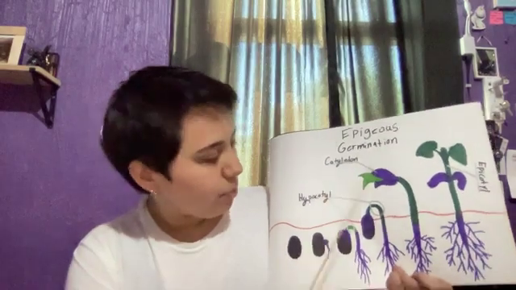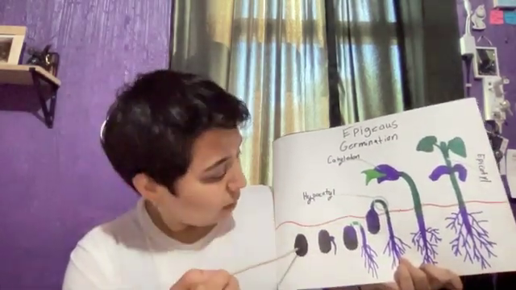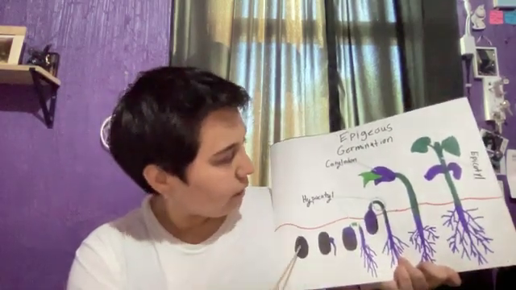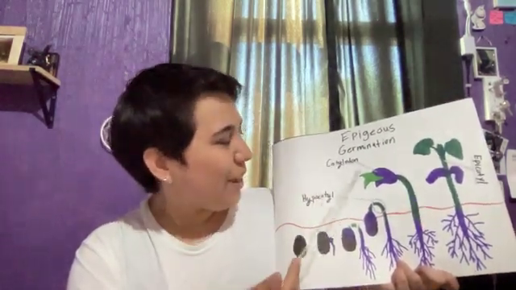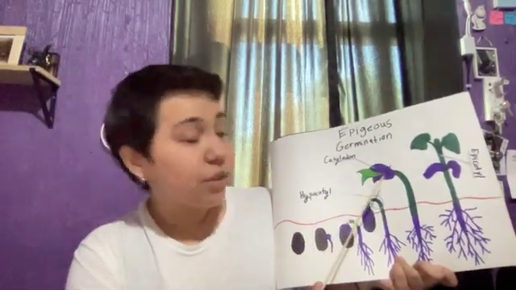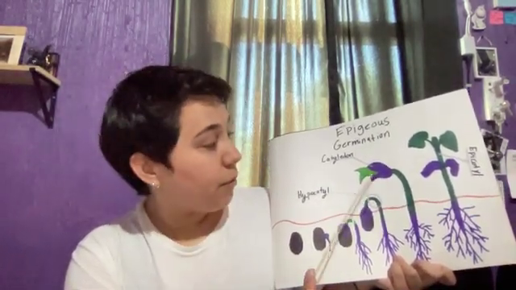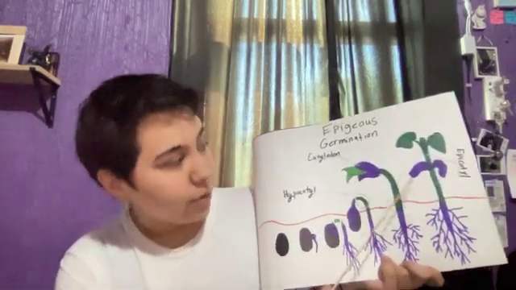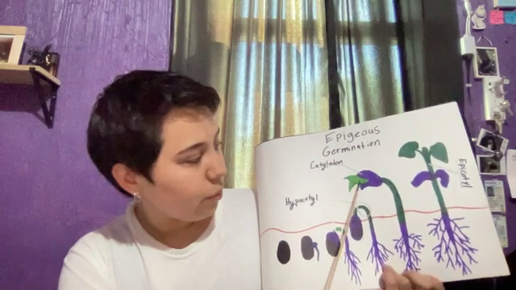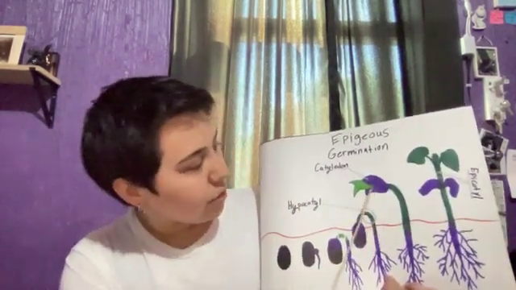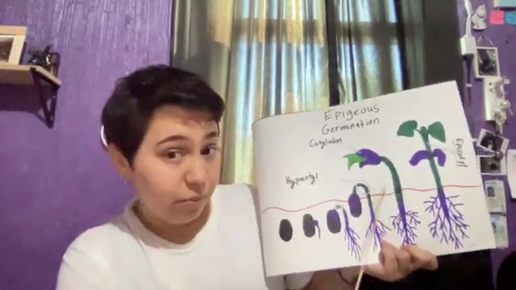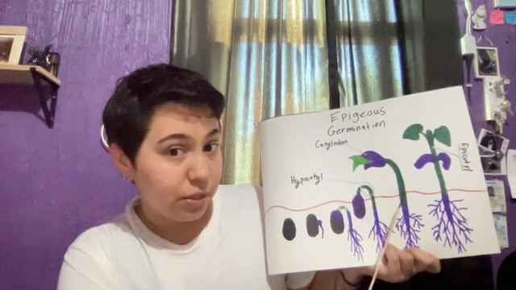For epigeous germination, basically the hypocotyl drags the cotyledon out of the soil and brings it above the surface, sprouting out into the whole plant. And this is my diagram for the epigeous germination.